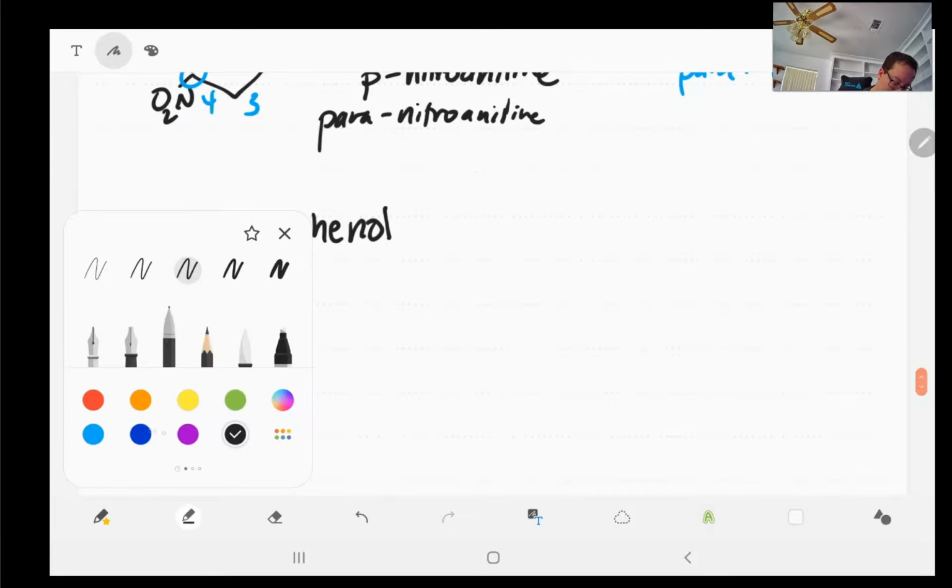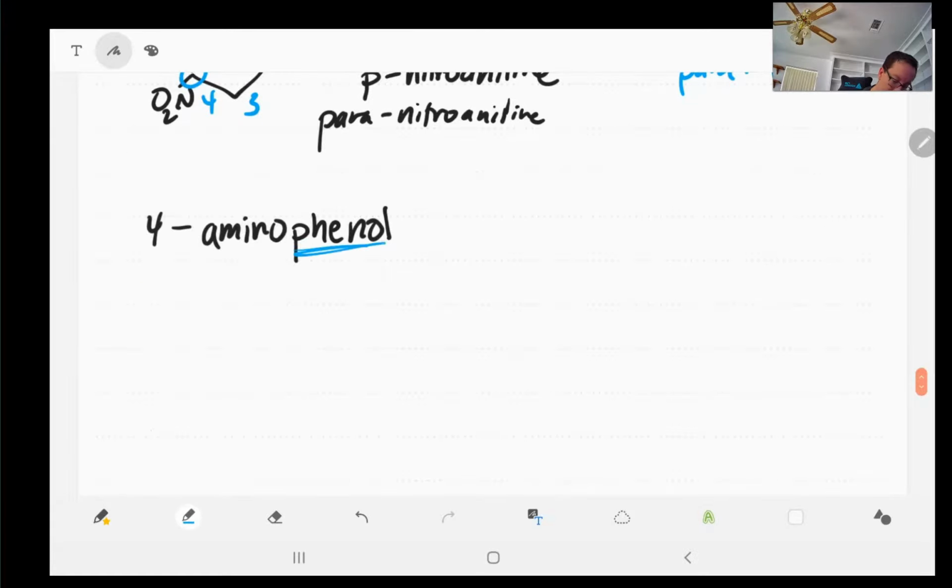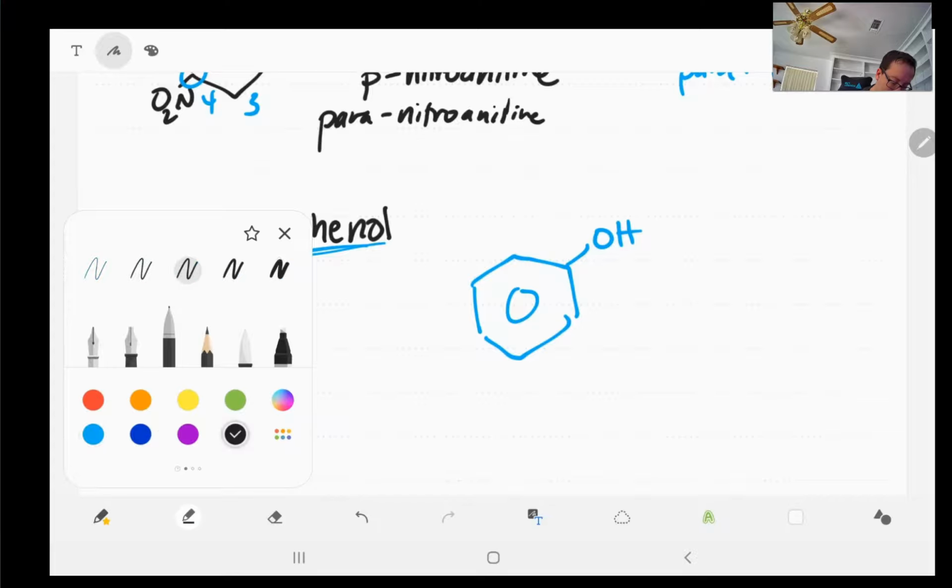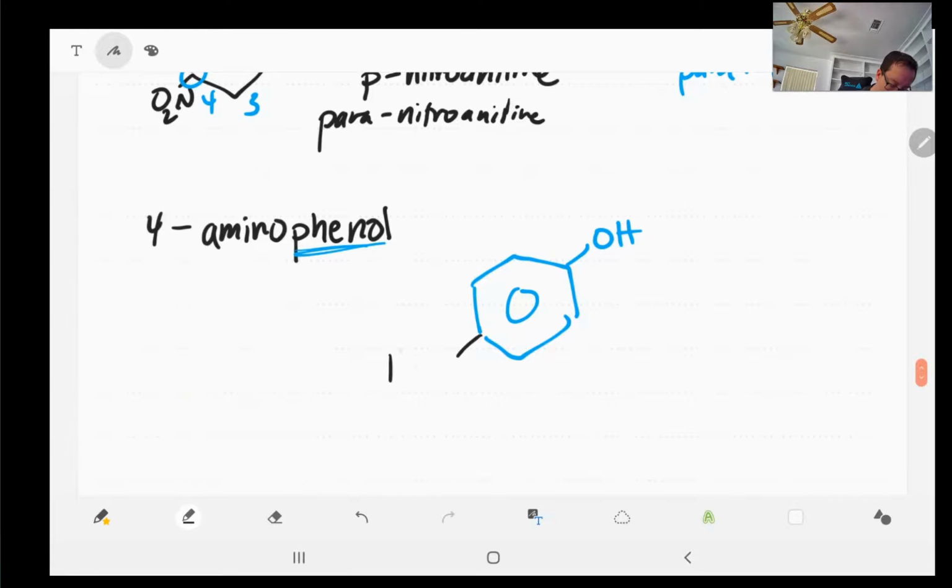If we look here, we've got phenol as our parent name. So phenol is the alcohol. And if we've got an amino on position 4, we just need to put that down there. So these are not terrible to name once you've learned the 8 basic ones, I suppose.